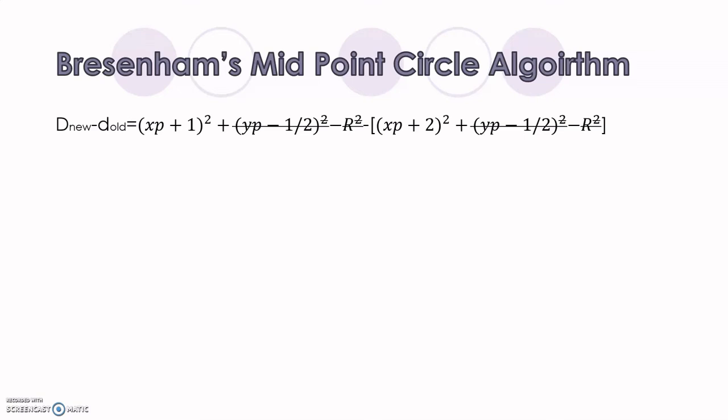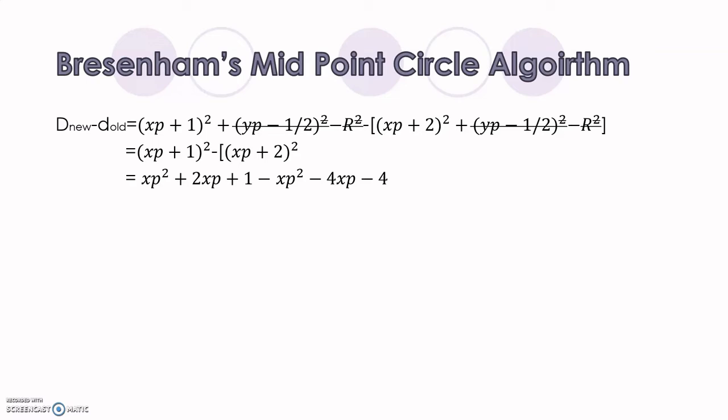See, this is D new minus D old. Here we have cancelled out the unlike terms, that is yp minus half whole square with yp minus half whole square, and minus r square with plus r square. After that we'll get xp plus 1 whole square minus xp plus 2 whole square.